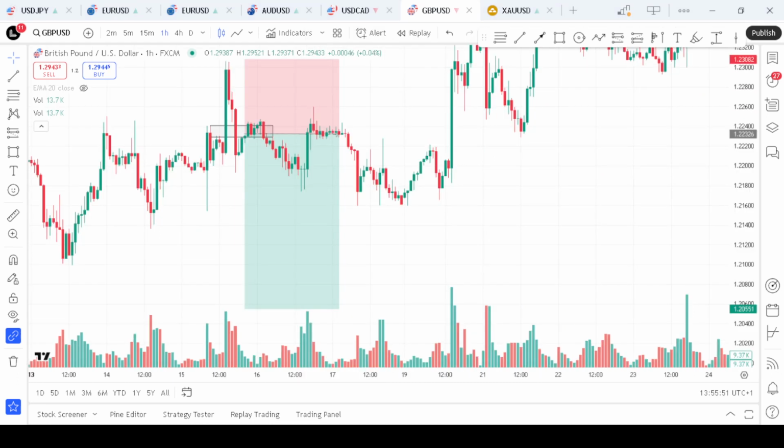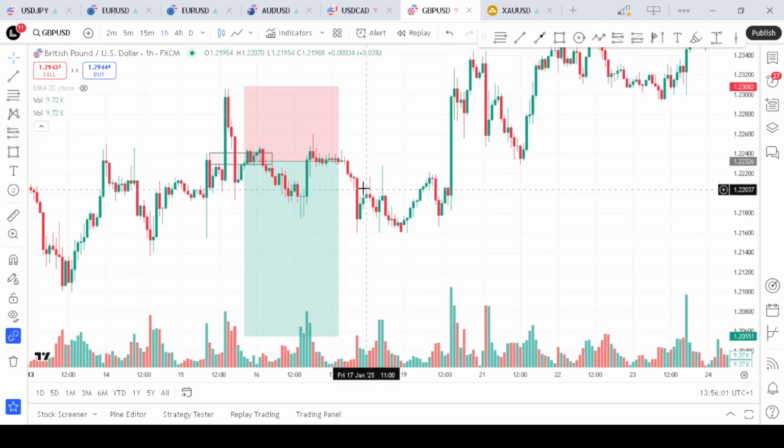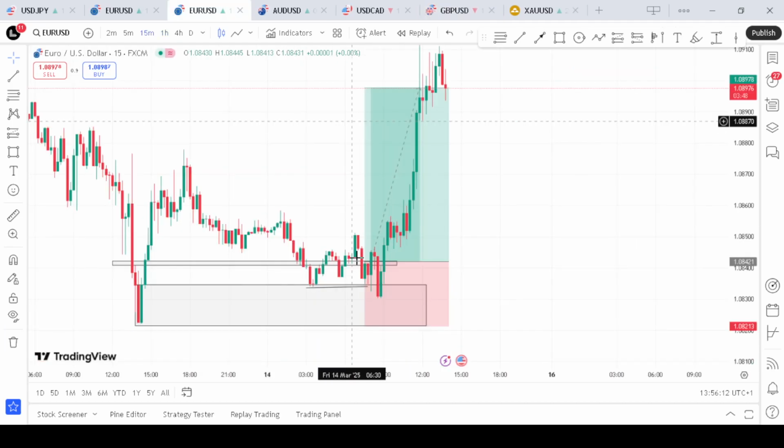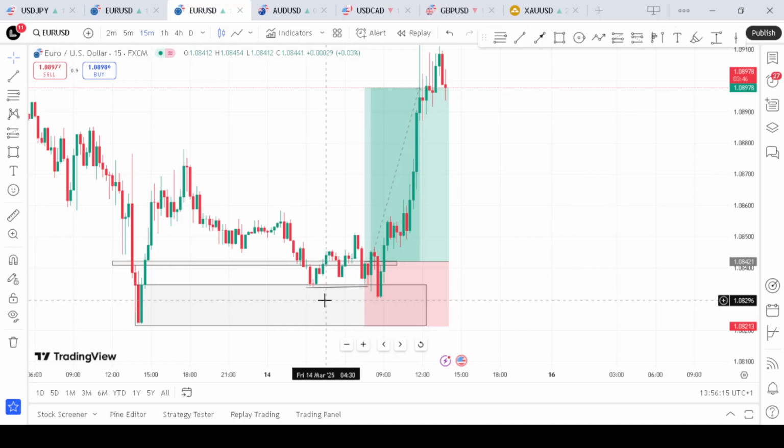Remember, the key to an ICT balanced price range lies in patience and precision. Always ensure that your BPR aligns with your ICT concepts like market structure or liquidity zones for additional confluences.